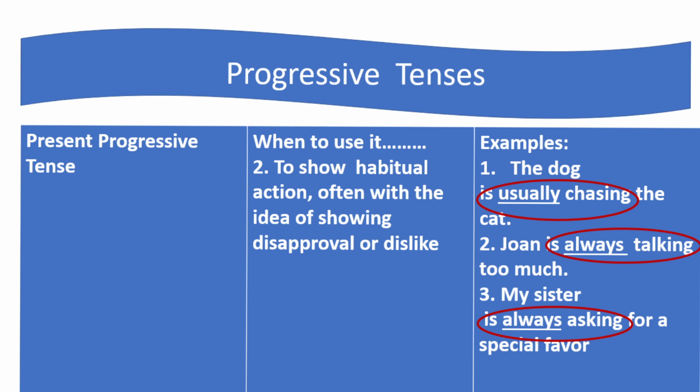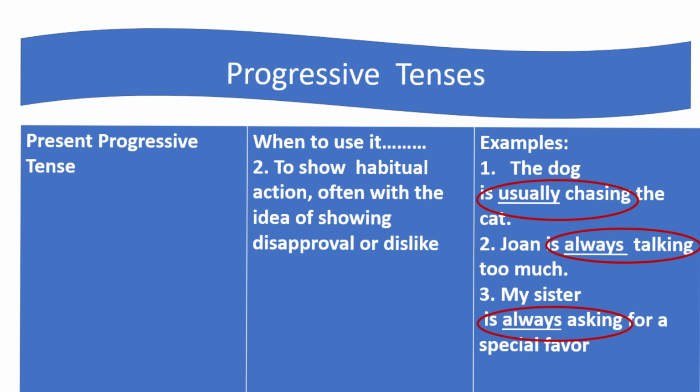So this is habitual. That's why you have there the adverb usually. So it means to say it's often done. Okay, although it also shows an idea of showing disapproval or dislike. So it's a habitual action, often with the idea of showing disapproval or dislike.